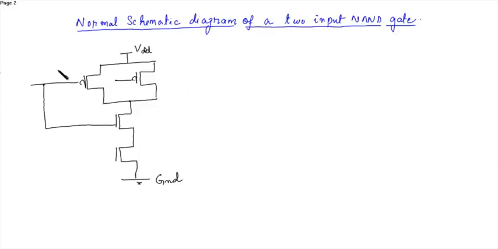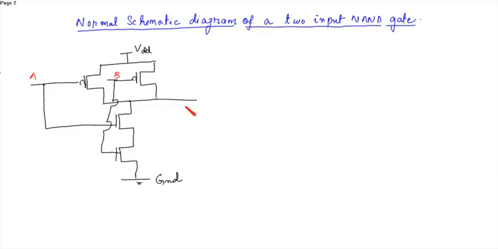So this is input A and this is input B. This is input A, this is input B, and the output is obtained from here.